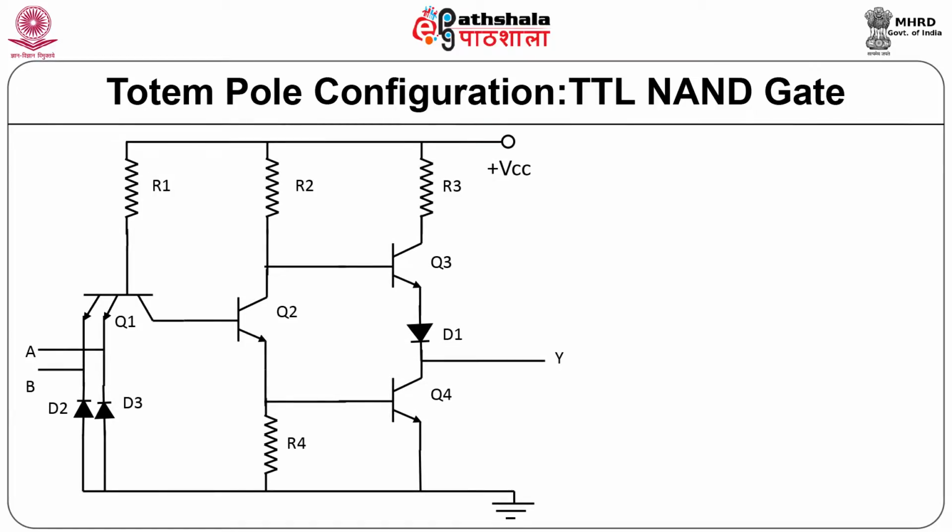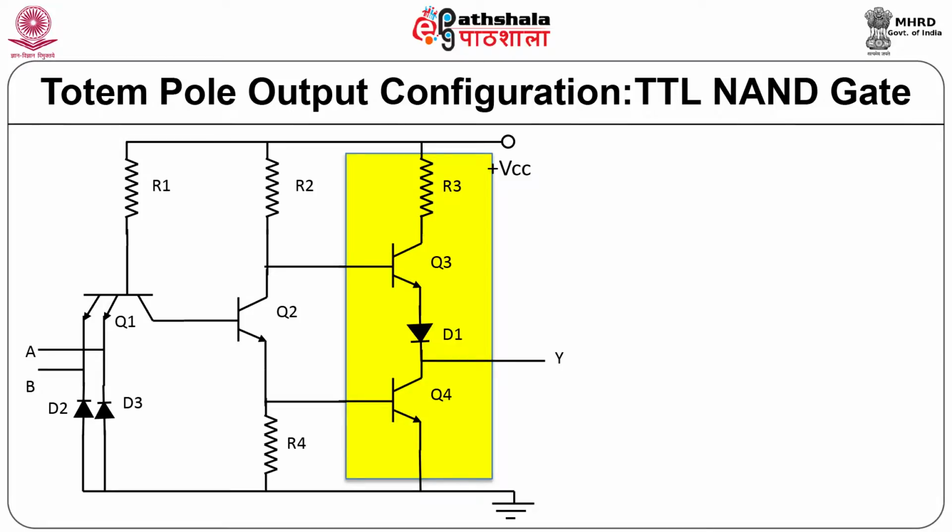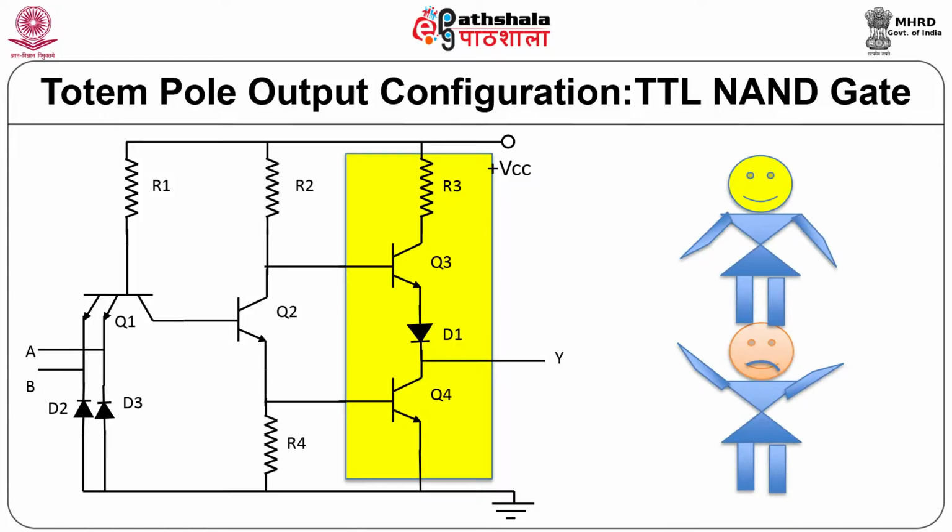As discussed earlier, it has 3 stages consisting of transistors Q1, Q2, Q3 and Q4. Here Q3 and Q4 are in the totem pole configuration. This is the output configuration where Q4 is at the bottom and Q3 is on the top as shown in the animation. This output is therefore called totem pole output.